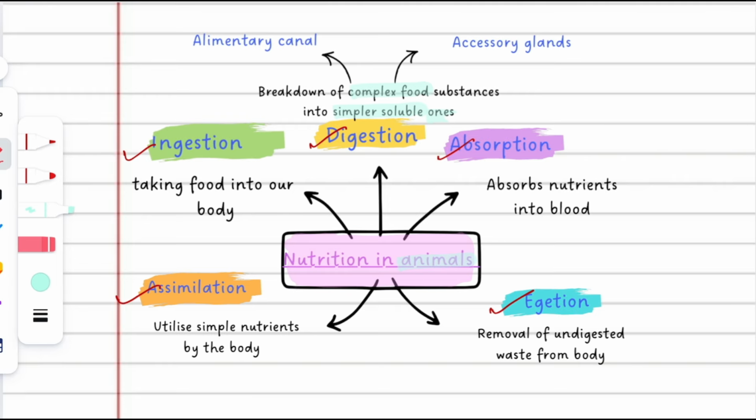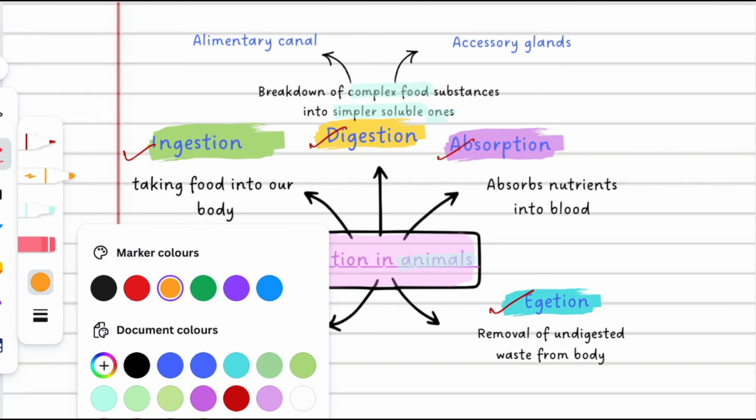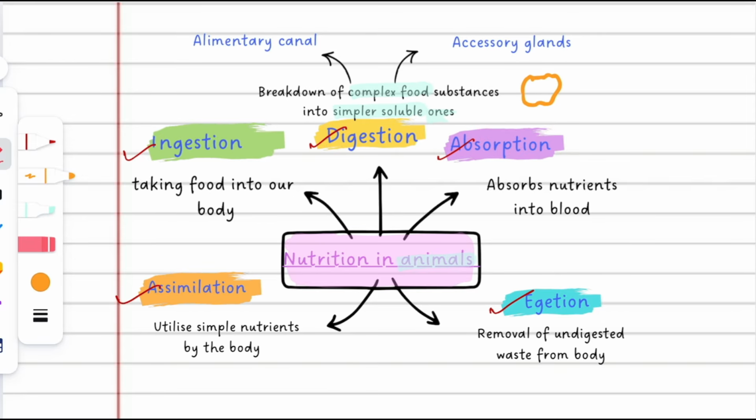Okay. So the food we take in our body is in the form of a complex manner. Now digestion is a process where this particular food will break down into simpler substances, and these simpler substances will get utilized by our body easily.